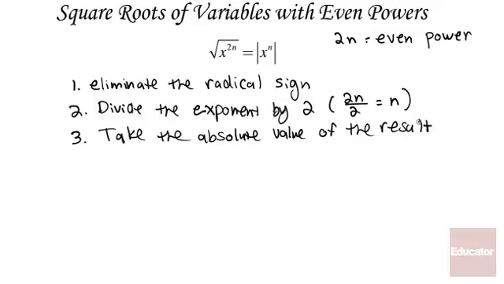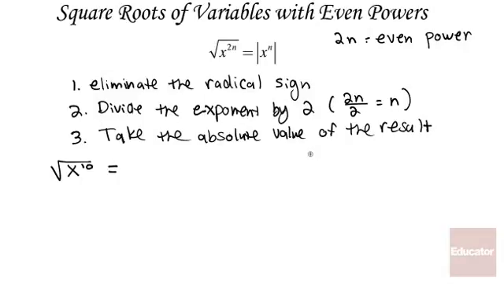Now, you have to think carefully about why this would be. First, let's just do an example to show how this works, and then talk about why you need to use absolute value. If you have the square root of x to the 10th power, I would eliminate the radical sign and divide the exponent by 2.